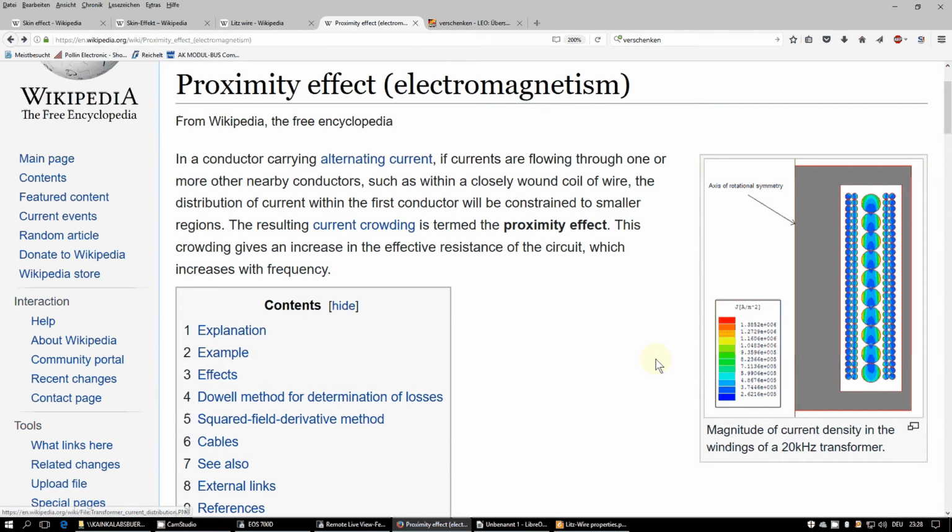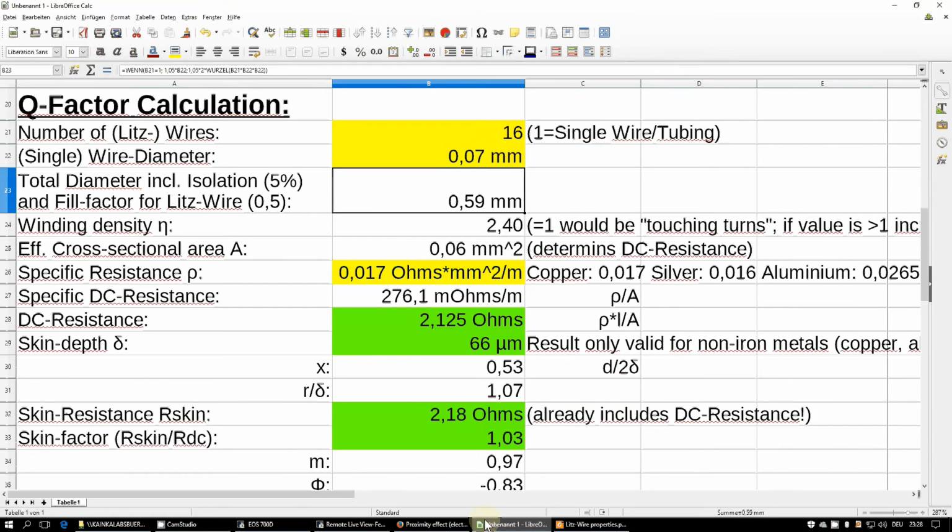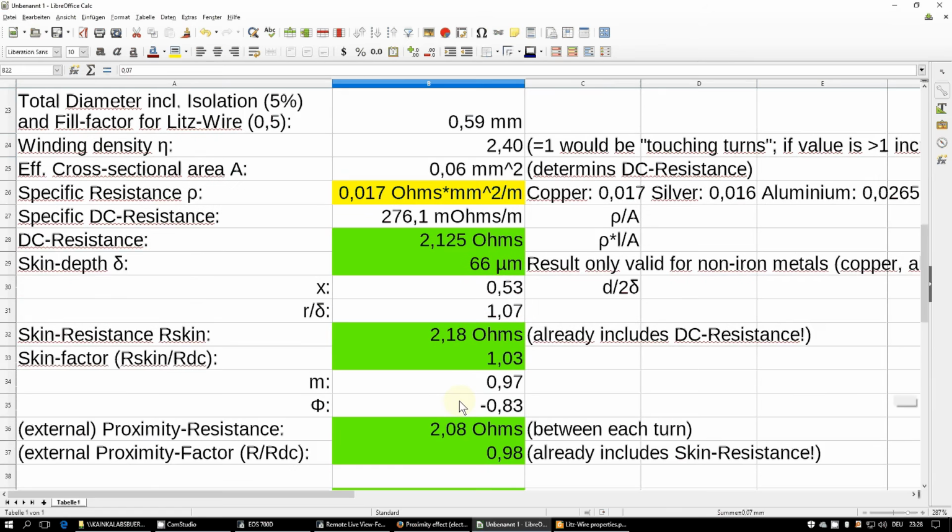So now let's take a look at what our Excel sheet says with a few approximations. We still have our litz-wire with 16 single strands, each 0.07 millimeters in diameter. We already know that the DC and skin resistance are nearly the same, but now let's go a little bit downward.